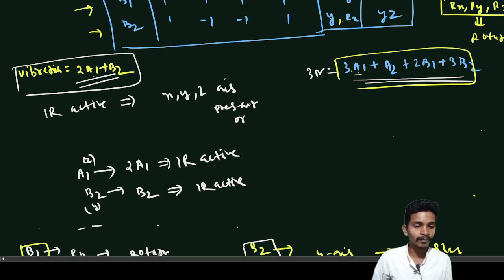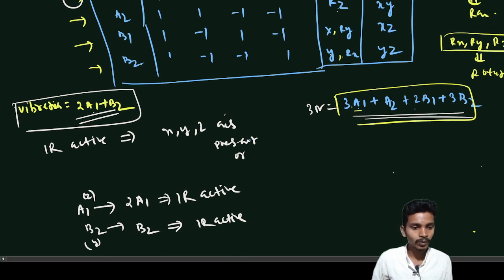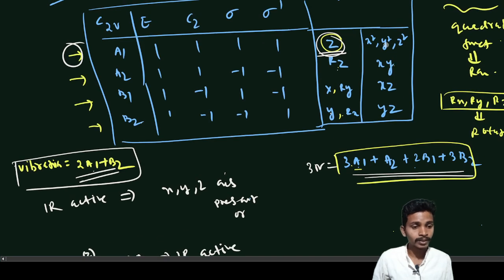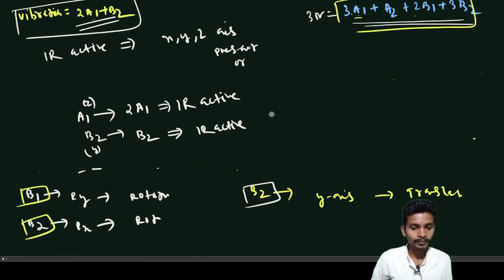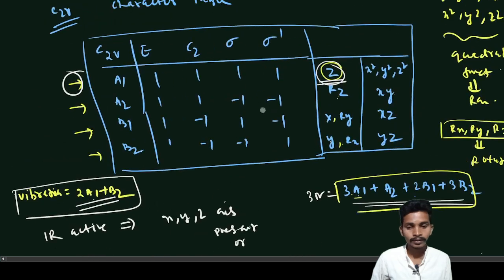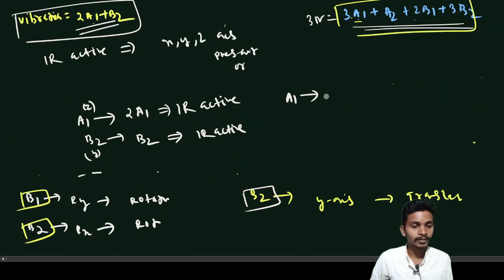Okay. Similarly for Raman active, what will you do? Instead of x, y, z axis, we look at x y, y z, those things. So let's look at A1. Are quadratic functions there? Yes, so these are quadratic functions. Then this is Raman active. So how many A1s are there? 2A1, so these 2A1 are Raman active.